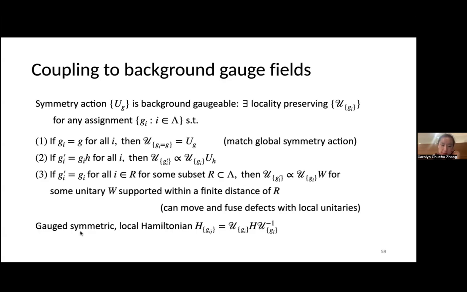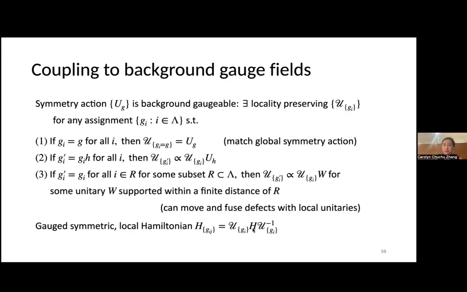Why does this allow you to couple to background gauge fields? Well, for any symmetric Hamiltonian, you can define a symmetric gauged Hamiltonian, which is associated with a different configuration of these Gi's, by just conjugating your original Hamiltonian. So if all the group elements are just G, then this doesn't change your Hamiltonian at all, because we assume your Hamiltonian is symmetric.